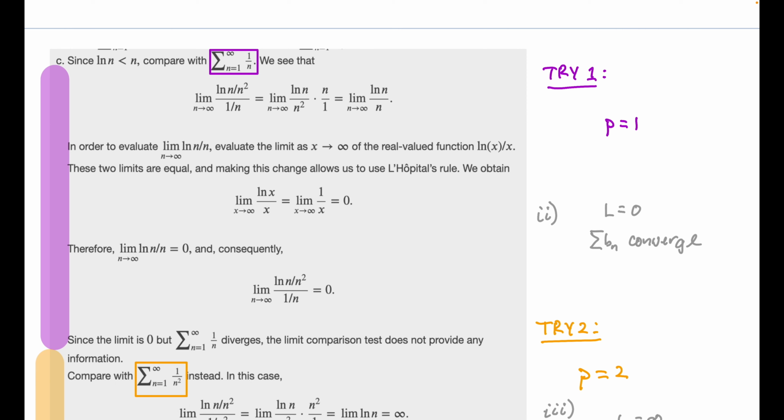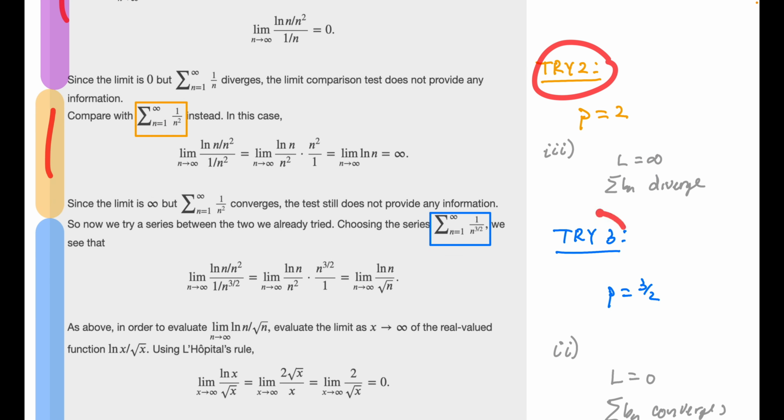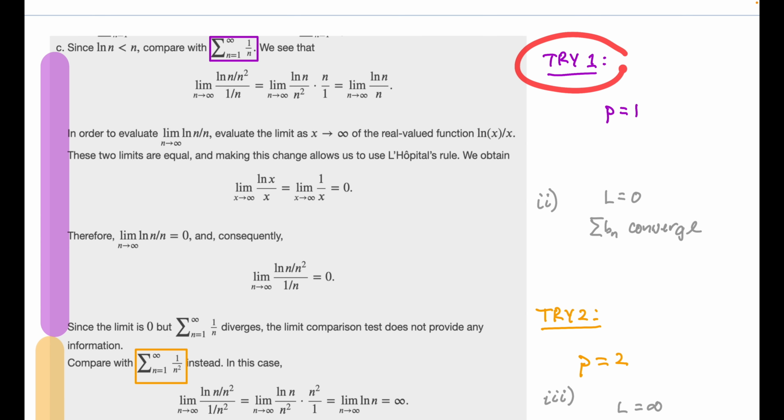The third example is a little bit more involved, and they do 1, 2, 3 different attempts. On the first attempt, they try comparing 1 over ln n with adding up 1 over n.